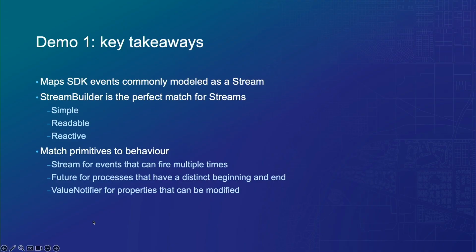Each of those types has a corresponding widget that synchronizes your UI with those events. For a stream, you can use a StreamBuilder to manage that. For a future, you can use a FutureBuilder. And for a ValueNotifier, you can use a ValueListenableBuilder. The names get kind of long, but hopefully that makes sense.